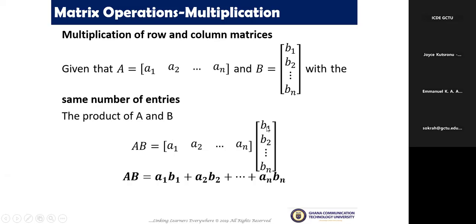And then you multiply them in that matching order. So A1 will multiply B1, A2 multiply B2, the dashes will multiply the dashes, and AN will multiply BN. Those are the results you see here. This is how we do the multiplications. Before you multiply, you take the row, transpose it, or lift it up.